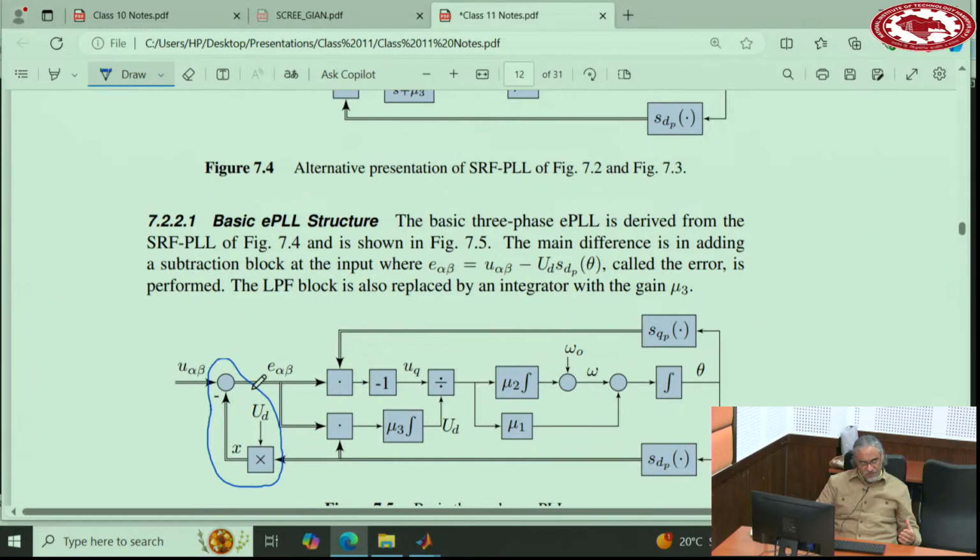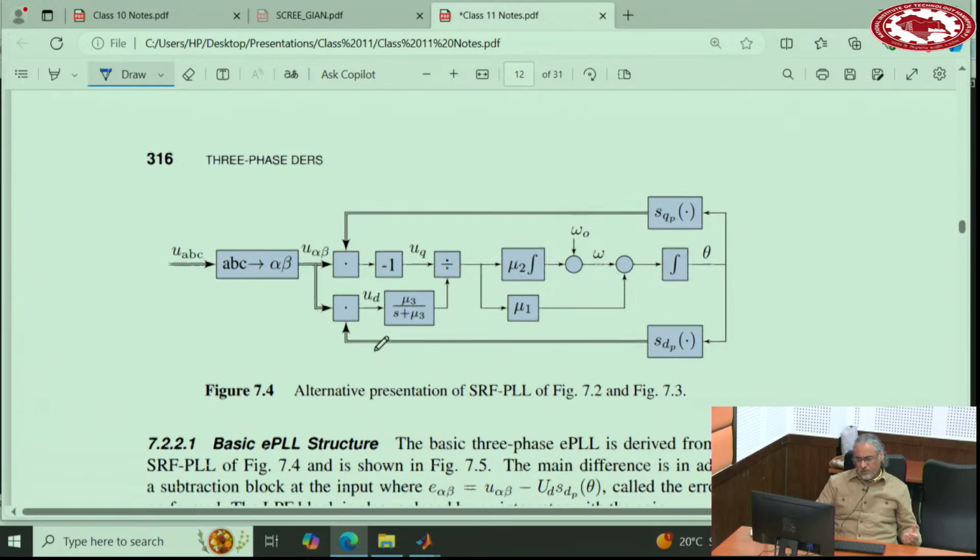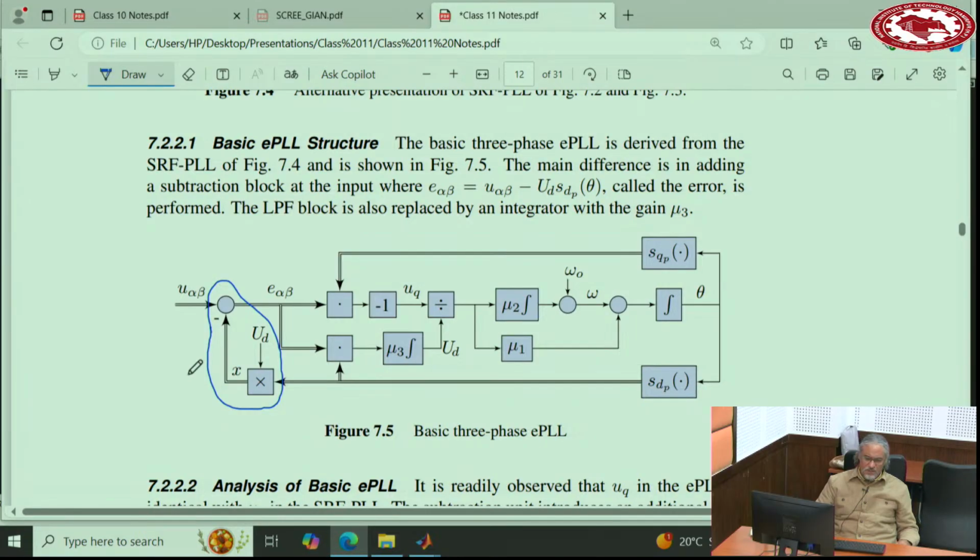So this is the first enhancement to this PLL. So we call it enhanced PLL. And the idea is taken from, again, the single phase, but you can initially take it for 3 phase, no problem. Because in single phase, the ripples are there, and we added this subtraction to remove the double frequency ripples. In a 3 phase balanced situation, the ripples are not there.